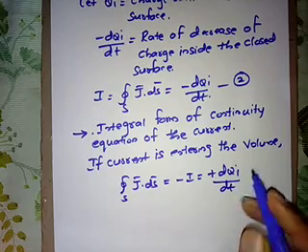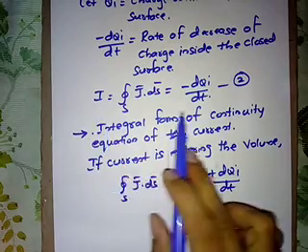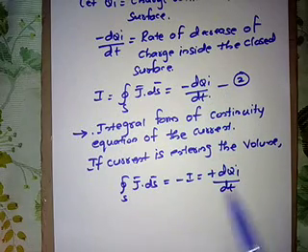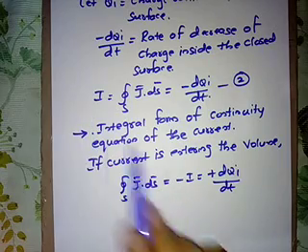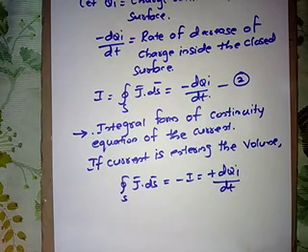If the current is leaving, then we have I is equal to minus dQi by dt. If the current is entering the volume, then the closed surface integral J bar dot ds bar is equal to minus I, which is equal to plus dQi by dt.